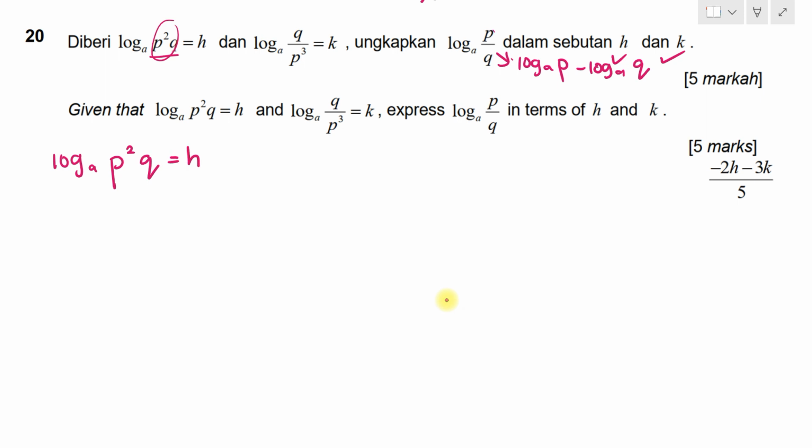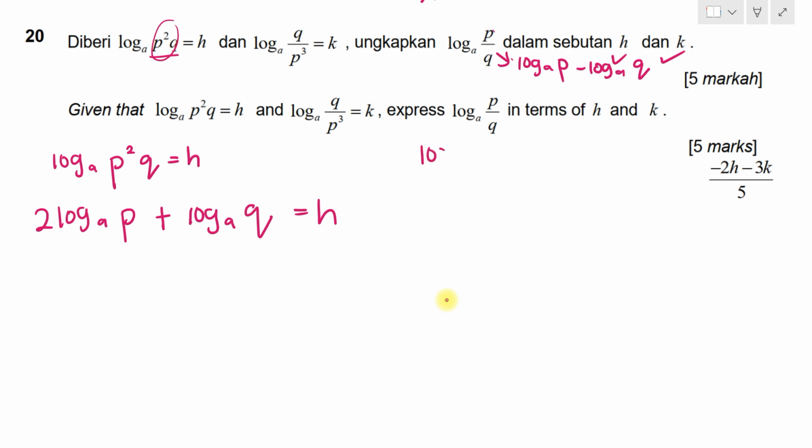Okay. So we take the first equation. So log a of P squared, it is multiplied by Q, right? So plus log a Q equal to H. Okay.